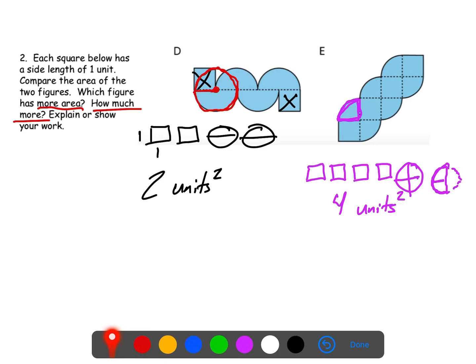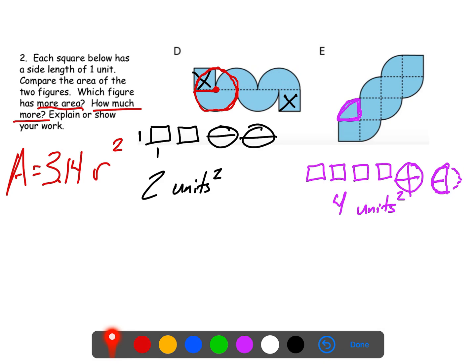All right, if the radius of the circle is 1, remember how we find the area of a circle. We multiply pi. Actually, in this case, we're going to use 3.14 times the radius squared. So taking our radius of 1, 1 times 1 is still 1, and 1 times 3.14 is 3.14.